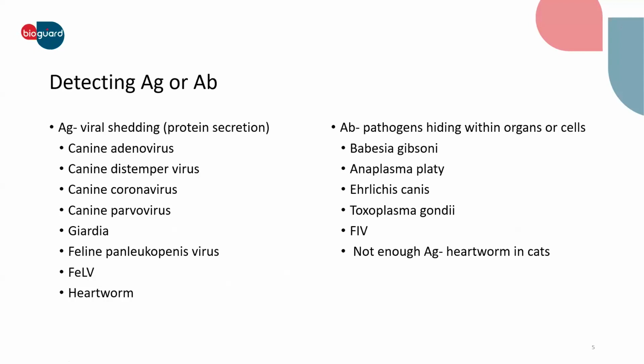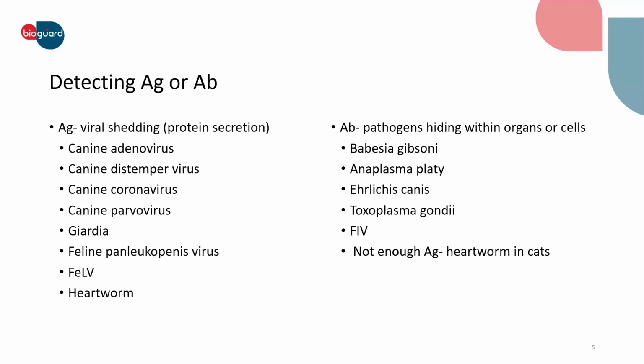Rapid tests include detecting the antigen or detecting the antibody. But why do some rapid tests detect the antigen of the pathogen, and some detect the antibody?